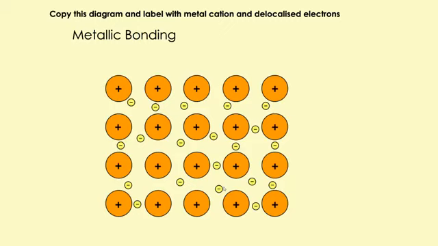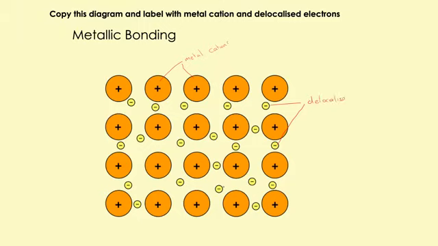So you need to pause the video now and copy this diagram and label it with the metal cation and the delocalized electrons. So let's just get my pen up here. These circles with positive charge in the middle are the metal cations, and these circles with the negative charges in are the delocalized electrons.